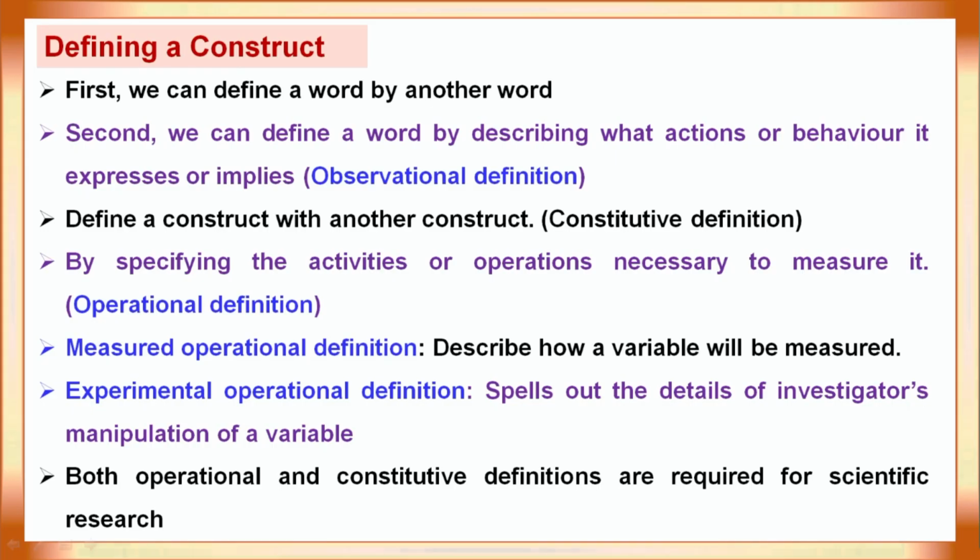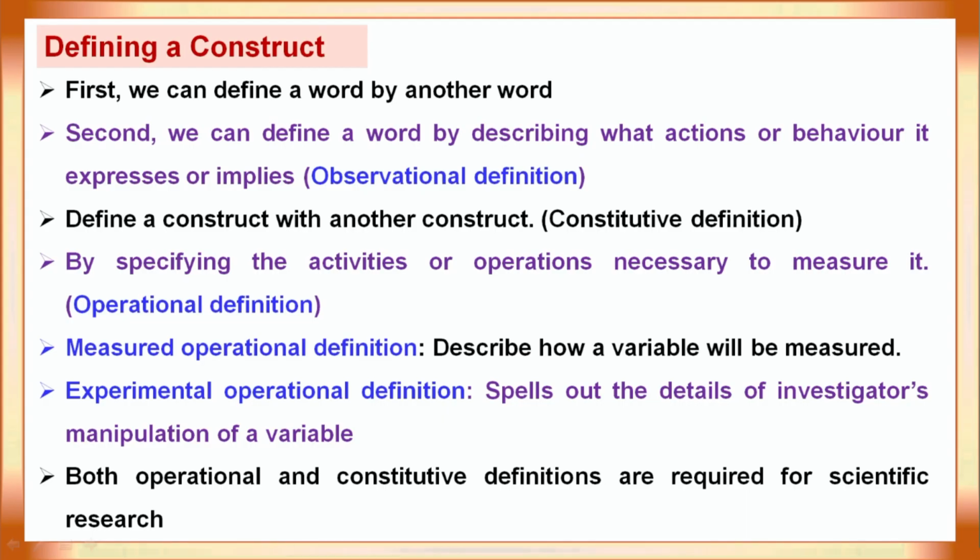Now, this operational definition may be of two different types. We call them measured operational definition and experimental operational definition. A measured operational definition describes how a variable will be measured, and an experimental operational definition spells out the details of the manipulation of the variable.